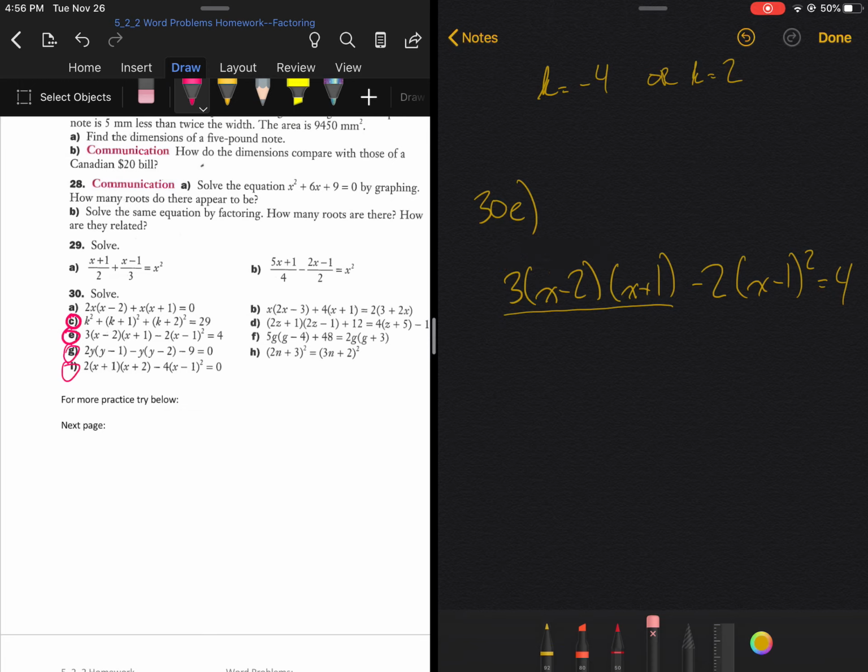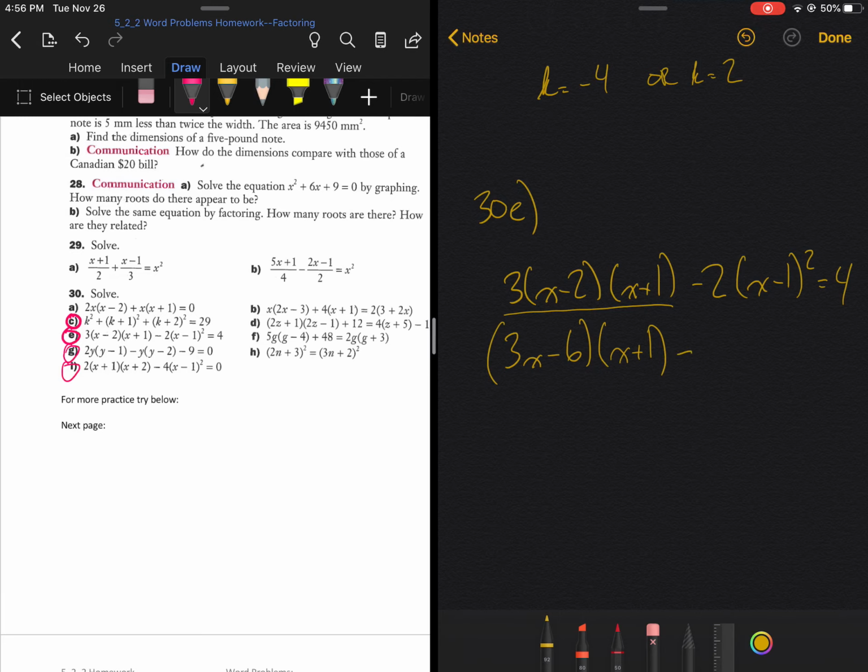I can do any one of these three. I can distribute this 3. I can FOIL these two terms out. It doesn't matter. I can multiply 3 and distribute that out, and then FOIL. It doesn't matter. So what I'm going to do, I'm just going to do it step by step.